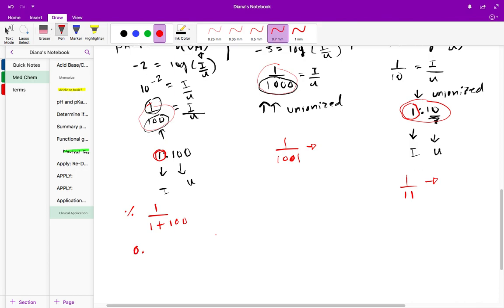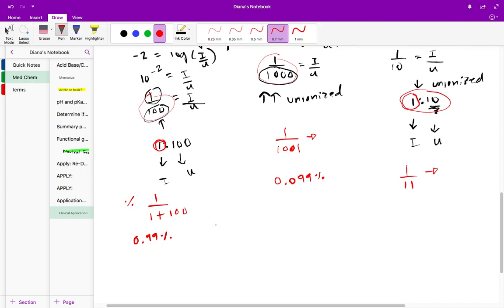So that is the percent ionized form, 0.99. Then in this next example, 1 divided by 1001, to get that percentage, you would actually get 0.099% ionized. So you've actually decreased the amount ionized.